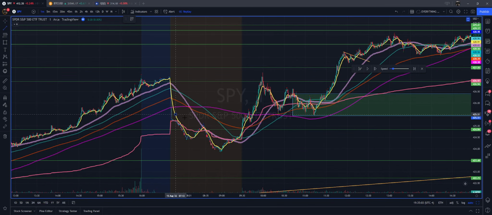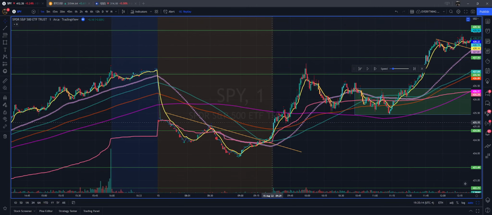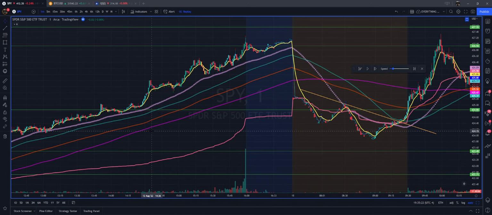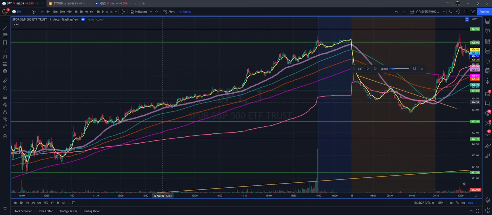So you cannot consider this a bull flag after the downtrend, because it becomes a reversal signal, right? And then once it goes up, then you can consider it a bull flag because it's a continuation to the upside, not a reversal signal.